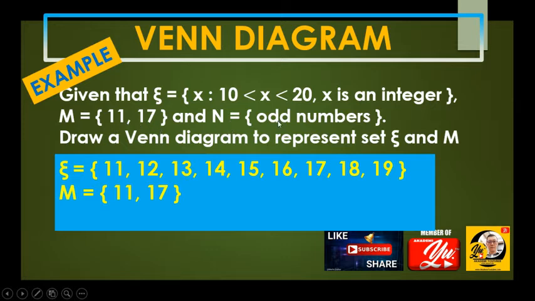How about set N? N means odd numbers. From the universal set, 11 until 19, which numbers are odd numbers? Elements of set N are 11, 13, 15, 17, and 19. That's called odd numbers.